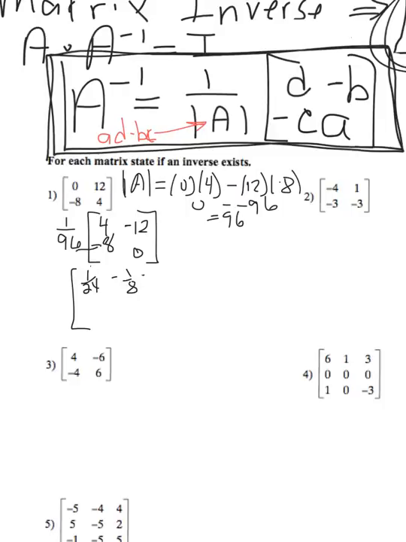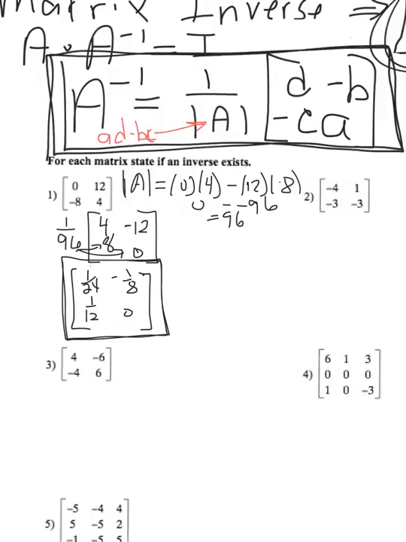And this one right here, I'm going to have 8 over 96. Let me reduce that. 8 over 96 is 1/12. And then 0 over 96 is still 0. That is the inverse matrix.